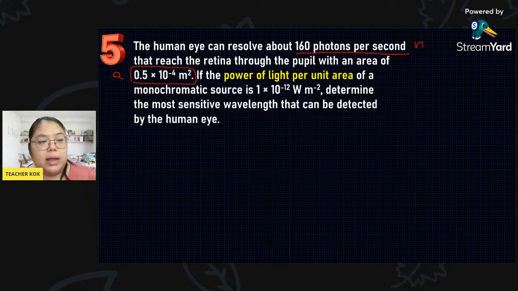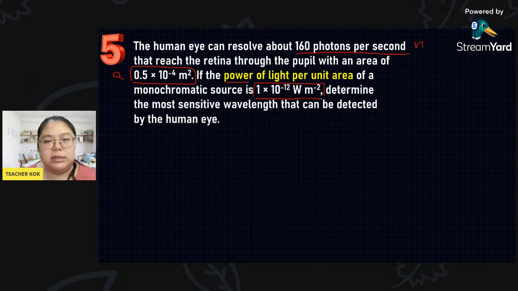Not lambda, it's the area. If the power of the light per unit area of the monochromatic source. You can see this one is not power only, it's power per unit area. So that means later you need to cancel the area.